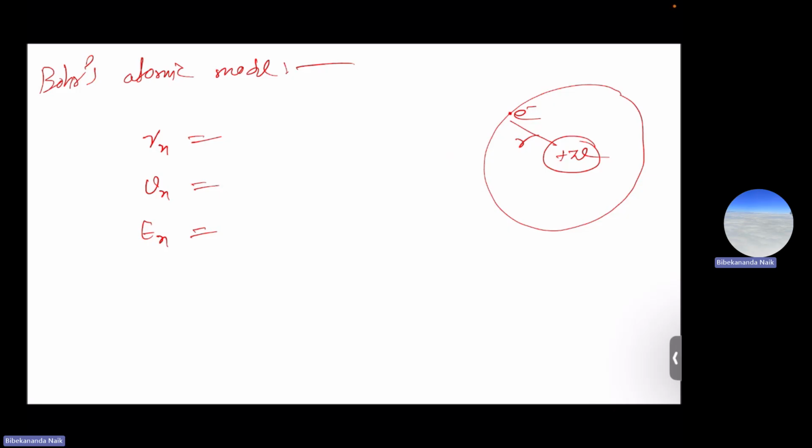When the electron is revolving in an orbit of radius r, the centripetal force is equal to the electrostatic force.